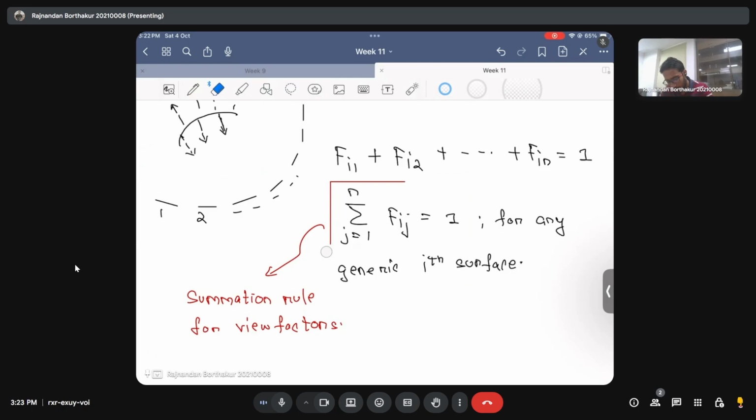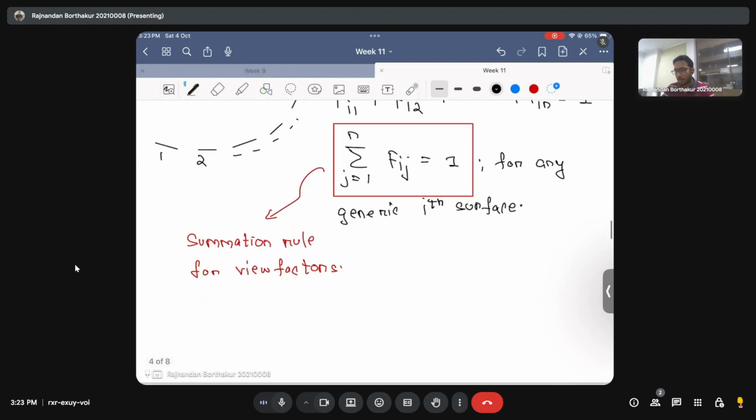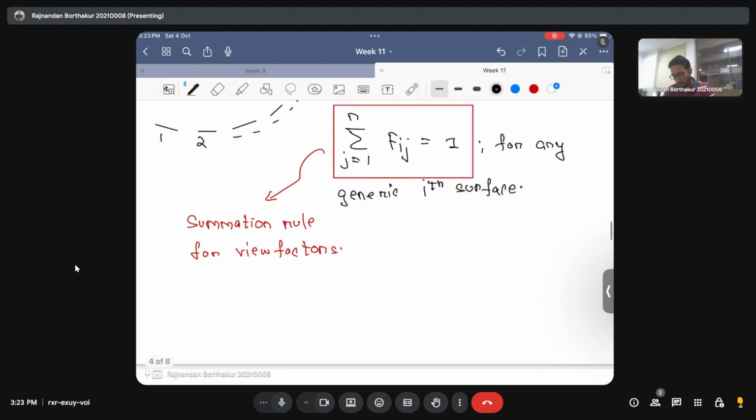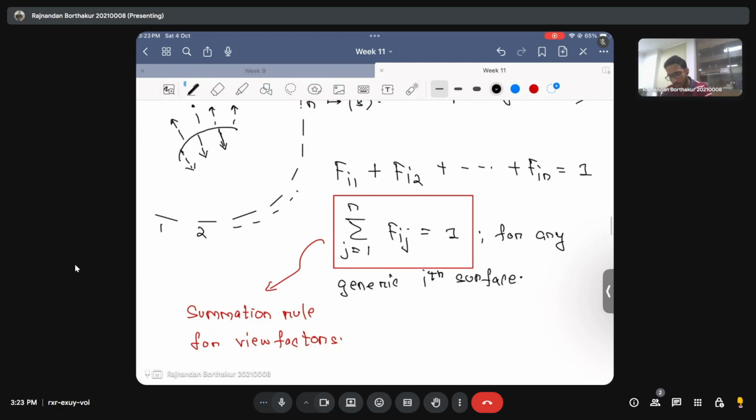I hope you are clear up to this point. So that's it. This is just a basic introduction to view factor and the two important relations involving view factor.